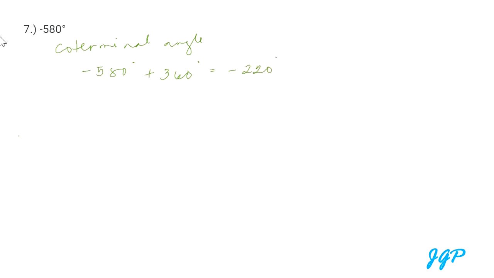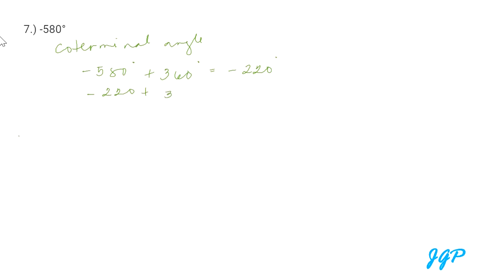Again, in finding the coterminal angle, ang hinahanap natin dito is always a positive coterminal angle para magamit natin yung formula natin. Since this one is a negative angle, magpa-plus pa ulit ako ng 360 degrees to negative 220 degrees para magkaroon ako ng positive coterminal angle.